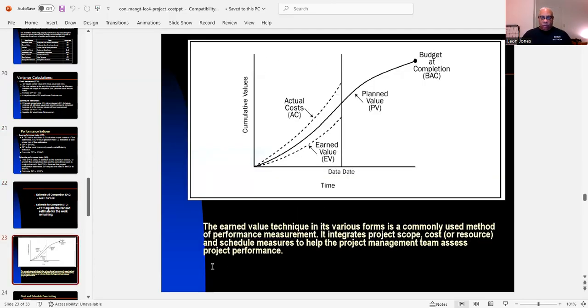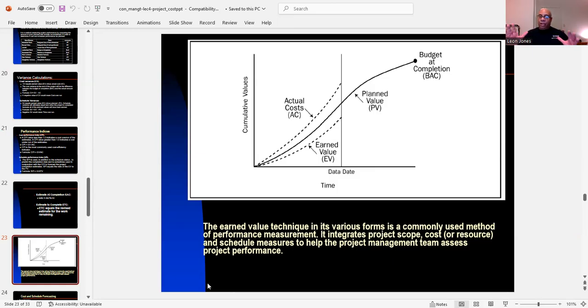And on this curve, the earned value technique in its various forms is commonly used, and it's basically performance measurement. So what we're doing here with this graph, we're using what we call the EV, the earned value technique. It is a commonly used method of performance measurement.